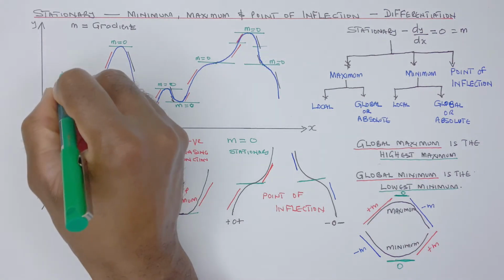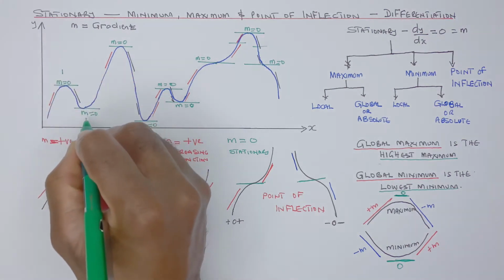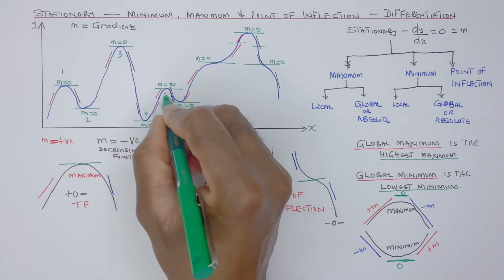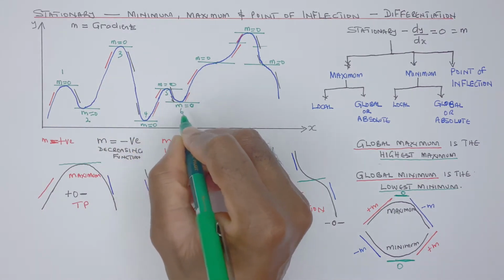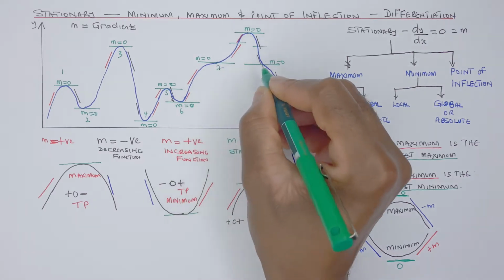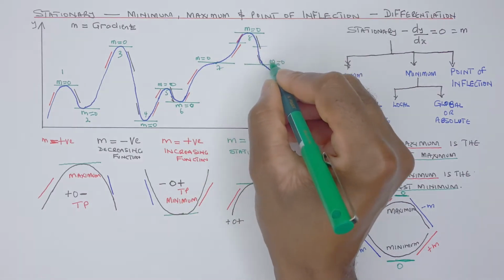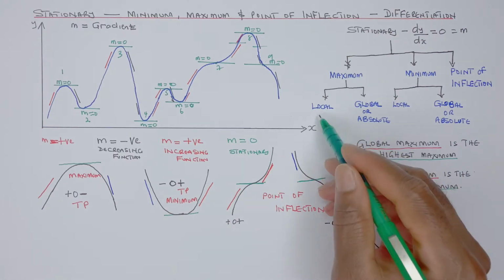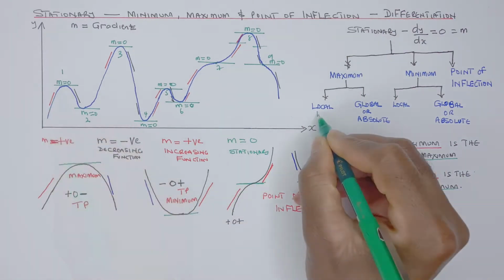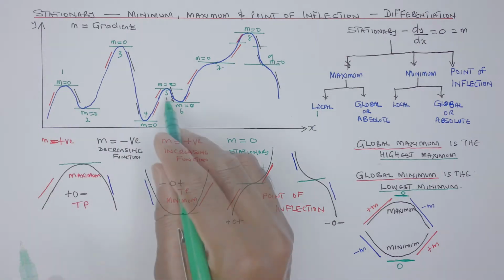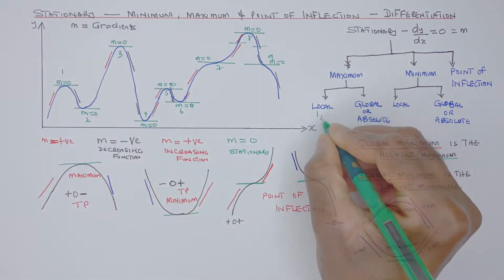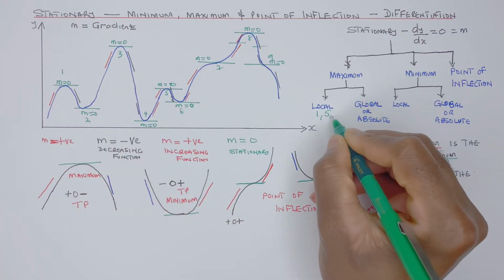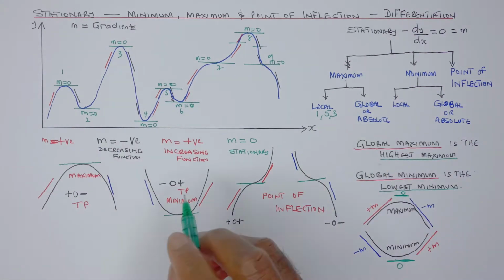So if we number these 1, 2, 3, 4, 5, 6, 7, 8, 9, we can put those numbers here. The local maximums are 1, 5, and 3, or 1, 3, 5.